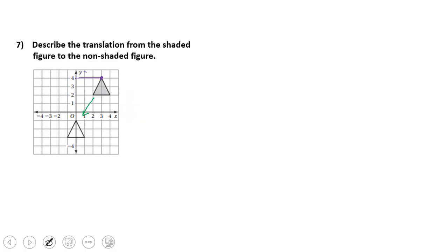And so that is 3. So I went backwards 3. I went left 3. And that's the A, because I went left. So I know that my translation, I'm going to say either left 3, or I'm going to say A, -3. I could also say X, -3. Either one of those works.